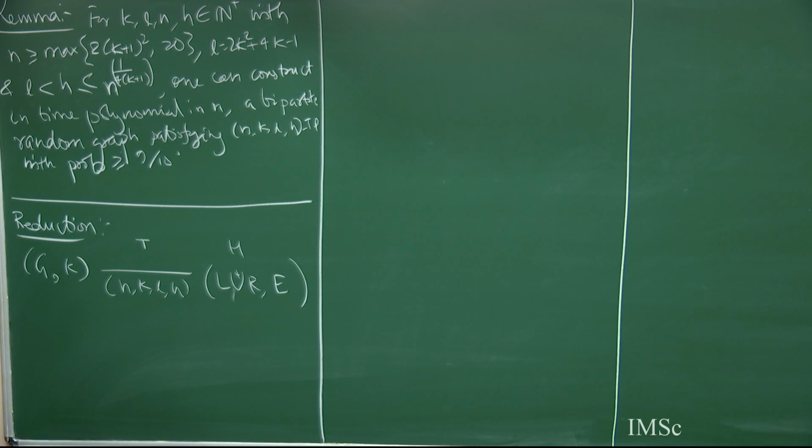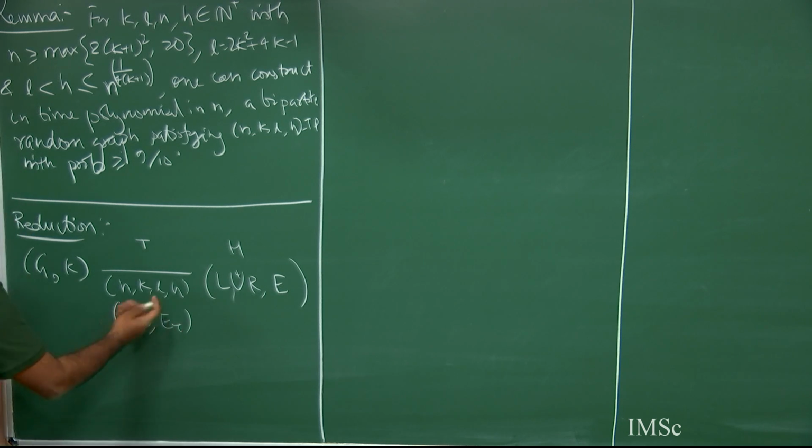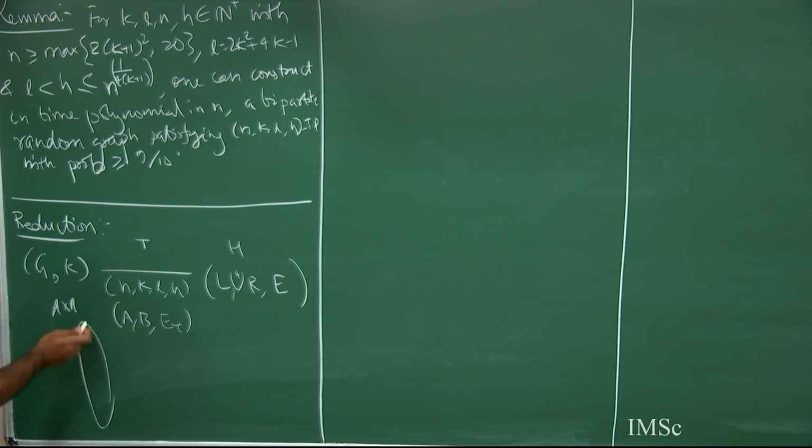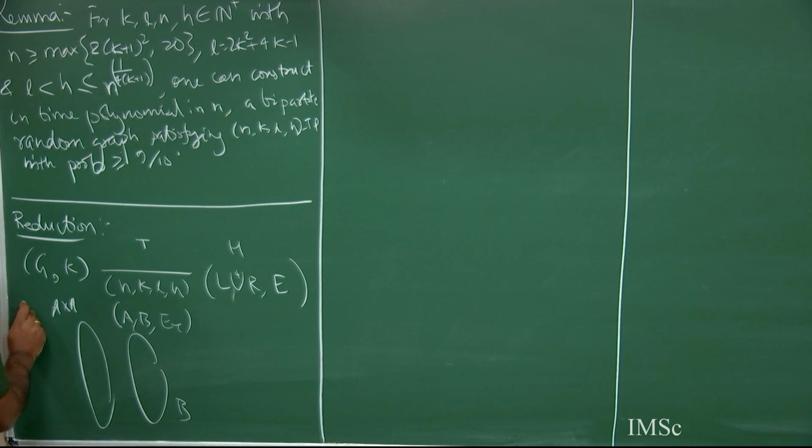And what was this construction? We took this threshold bipartite graph (A, B, E_T), and considered pairs, A cross A, and B was B. So this was our L star in the beginning. And how did we give edges?